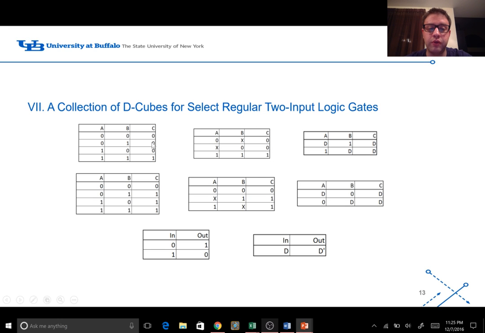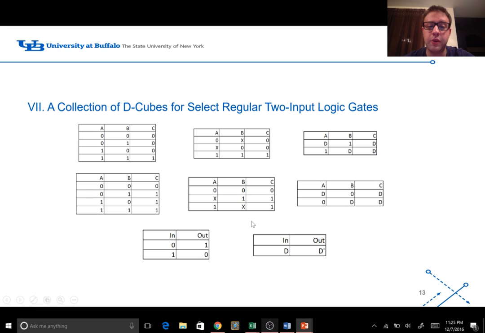So we've moved from 4 lines to 3, and then from 3 lines to 2 when you move to D cubes. And again, what this is going to let us do is approach any AND gate, and D propagation is going to be one of these two options. So we've taken something that could be very complex by having 4 inputs and moved it down to just 2.